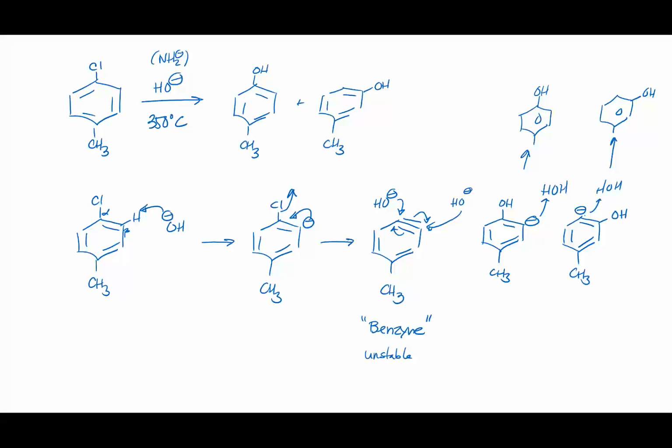So if you had a weak nucleophile, would there be no reaction? If I had a weak nucleophile, there probably would be no reaction, or I would have to heat it even higher in temperature. The two that we usually see are NH2 minus and hydroxide.